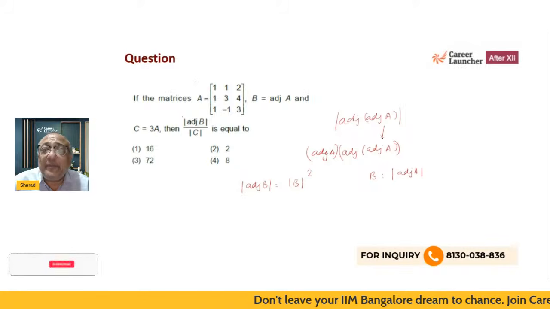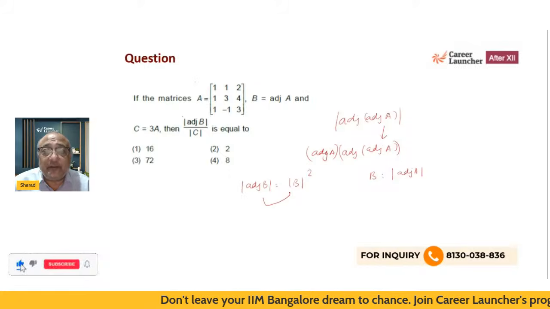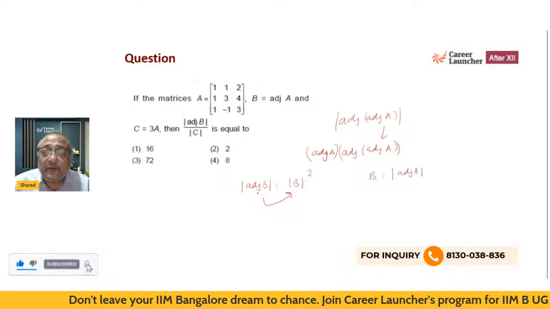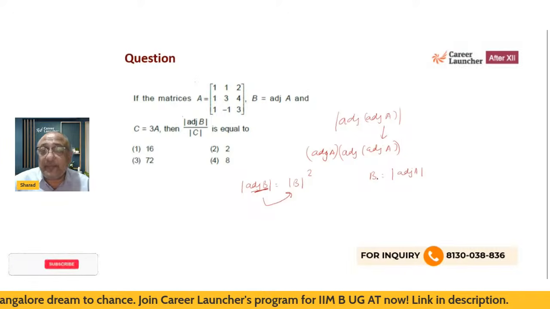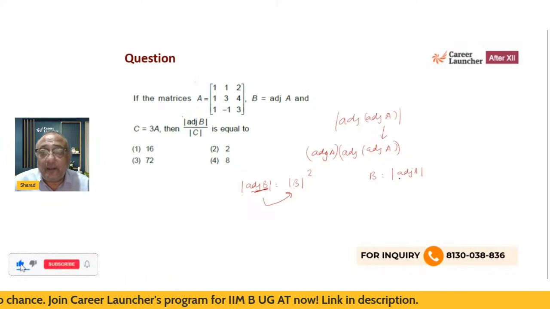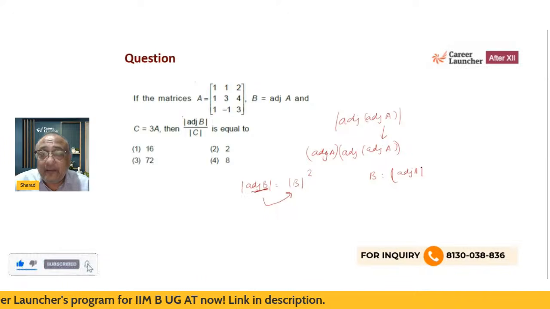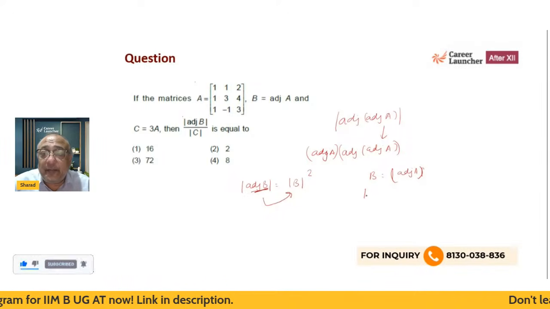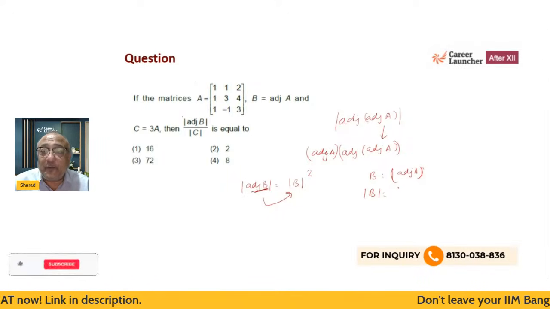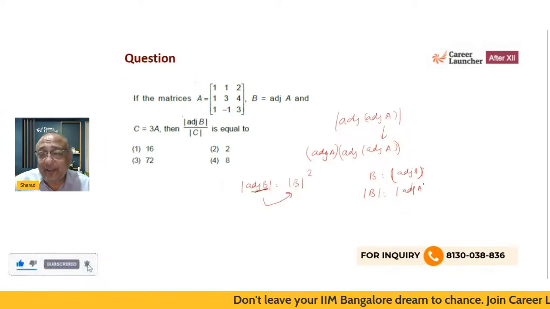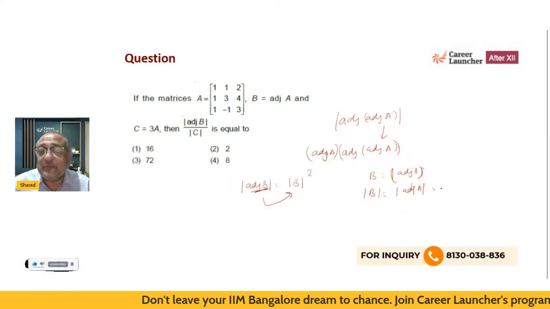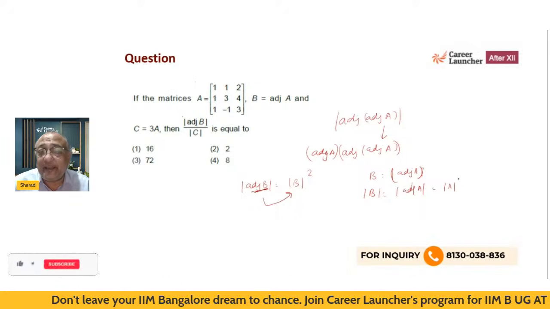Why remember this formula? I have to find adjoint of B. Adjoint of B, I know will be a three-order matrix, so it is B square. B is equal to adjoint of A, right? So determinant of B will be equal to determinant of adjoint of A. It is so simple. I don't have to mug up all those formulas which were there. This is nothing but A ka square.